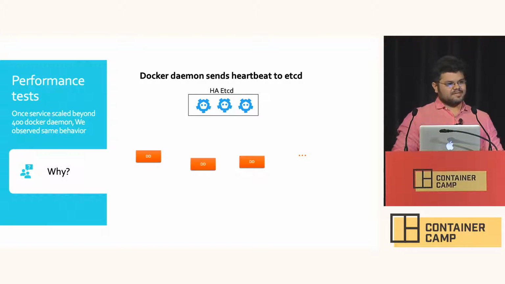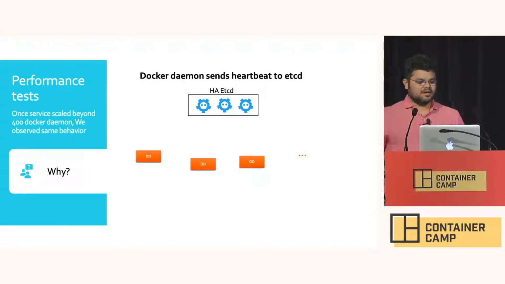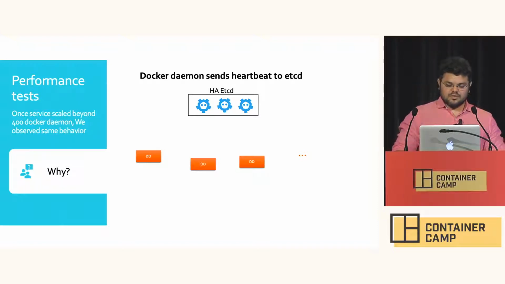every Docker daemon sends its heartbeat to etcd saying that it is still alive, and it can form a network with other Docker daemons, and it can schedule Docker containers. So it will make a call that scatters to other Docker daemons, because they are watching for these events, to see if there are any Docker daemons which they can form a network with.